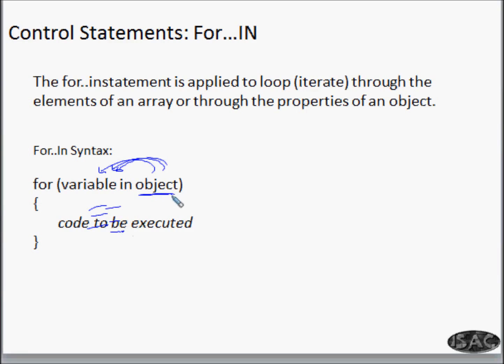If it is having 5 values, this will run 5 times. If it is 15, it will run 15 times. So it depends on how many values are available to the object. Automatically it will start from the first to the last. Okay, so I think you understood this for each loop.